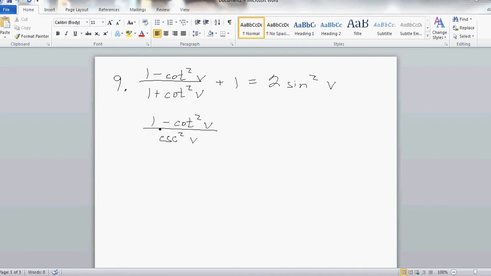And then what we can do is we can take this fraction apart. For example, we can give the 1 over cosecant squared of v, and we can give the cotangent squared of v over cosecant squared. We're just giving the denominator to both parts.